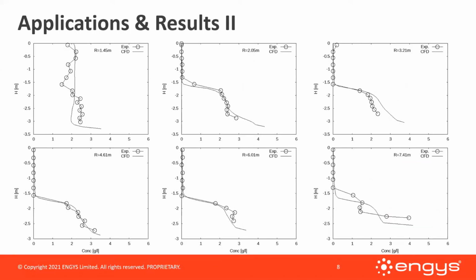Coming to the results, we compare the concentration profiles over the tank height at different radii measured from the water surface downwards. We can see that the overall agreement between experimental and CFD results is quite good, even though the geometry was simplified for the CFD analysis.